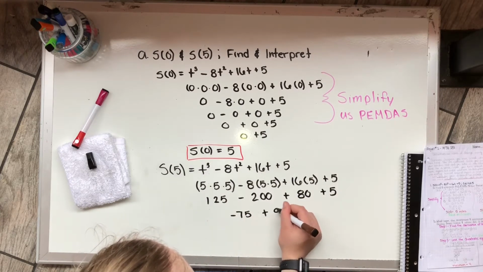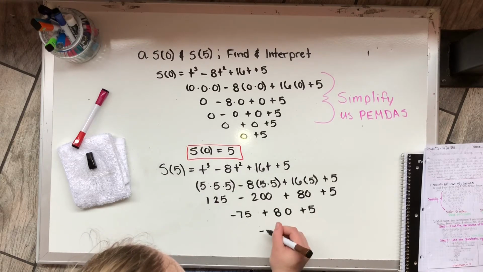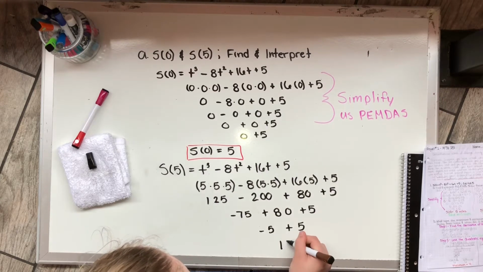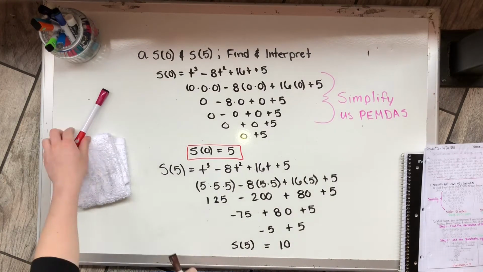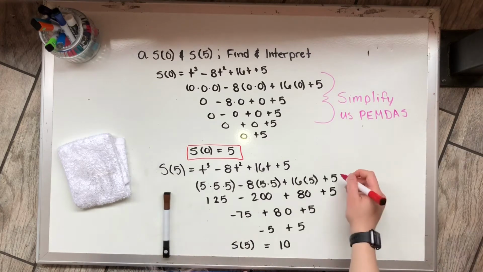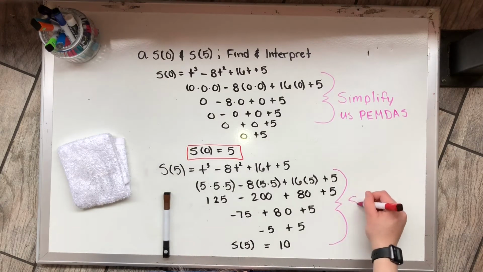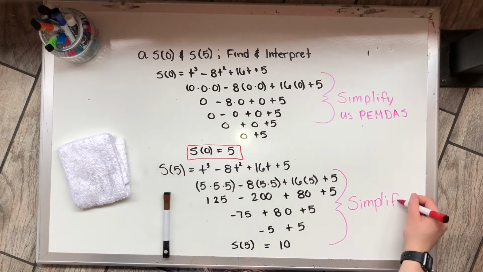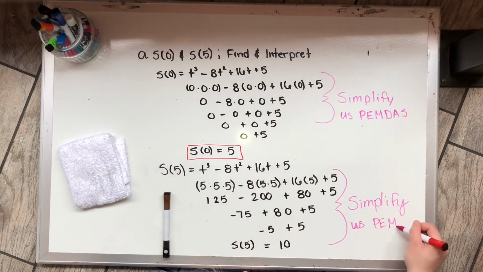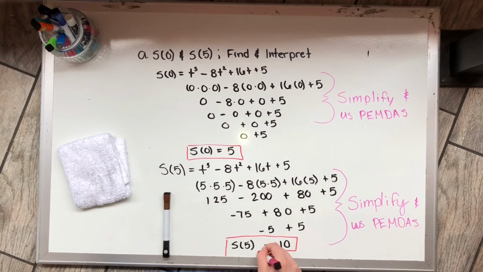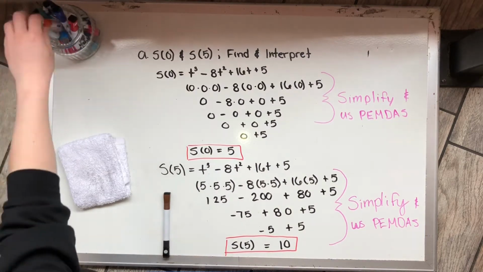It'll be negative 75 plus 80 plus 5, which is 5 plus 5, and that equals 10. So S(5) equals 10. And that is simply at t equals 0 hours, you go 5 miles. At 5 hours, you go 10 miles.